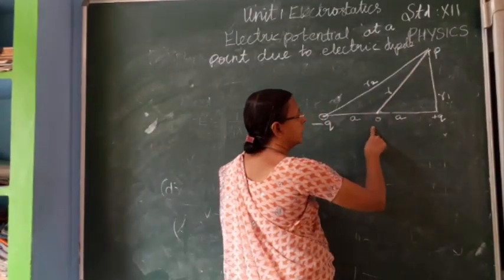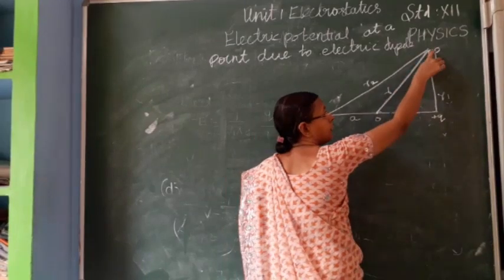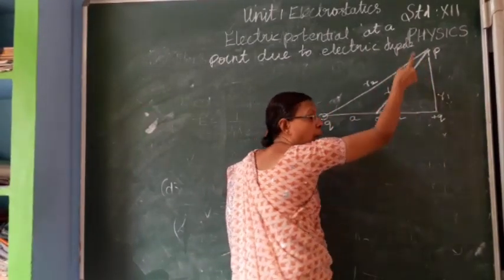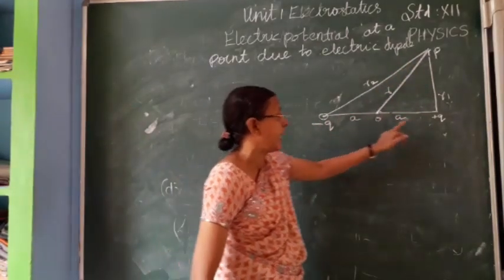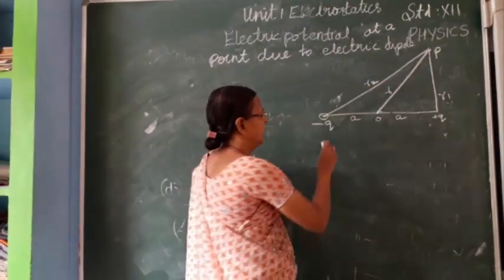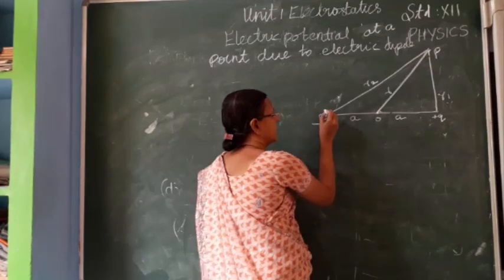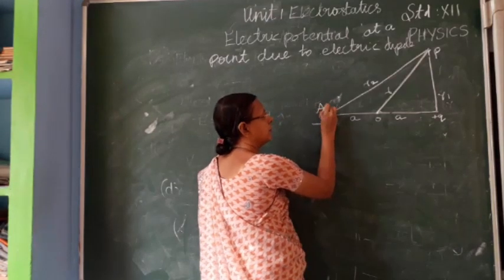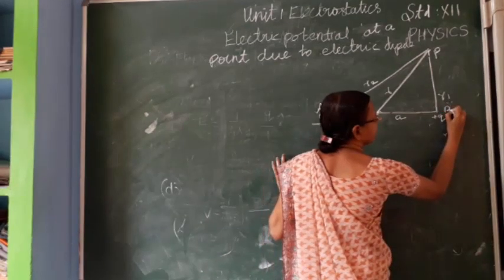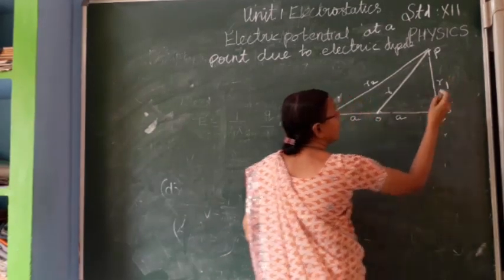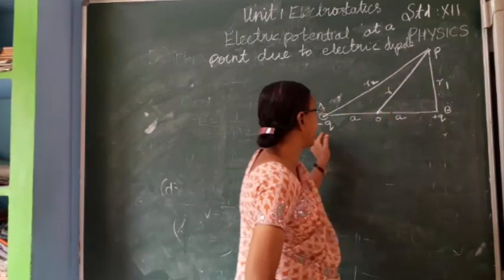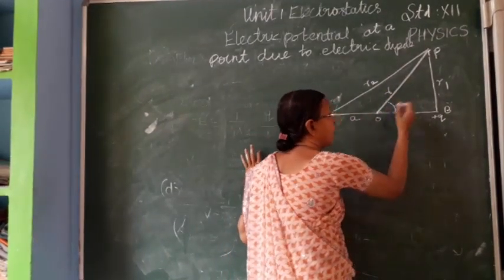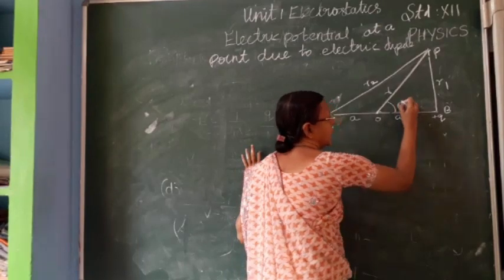The line joining the midpoint and the particular point P, that is OP, making an angle. Before that, this minus Q we can name A, and here B. So this OP making an angle with the AOB line, theta.